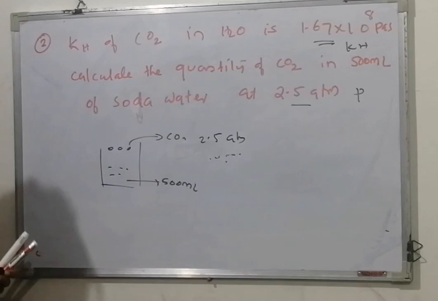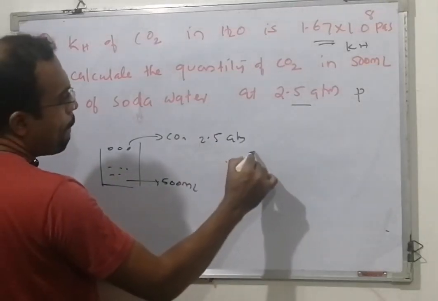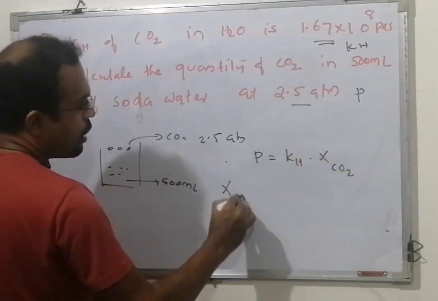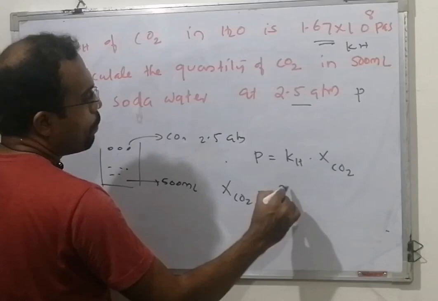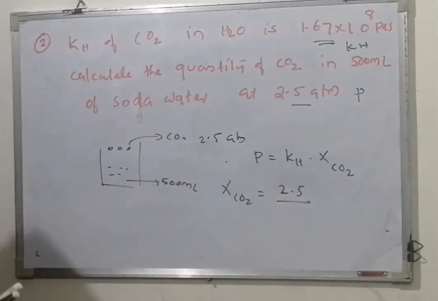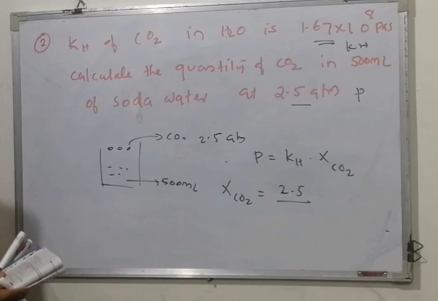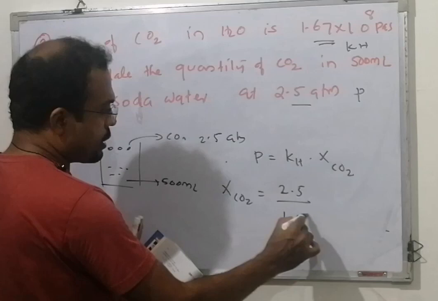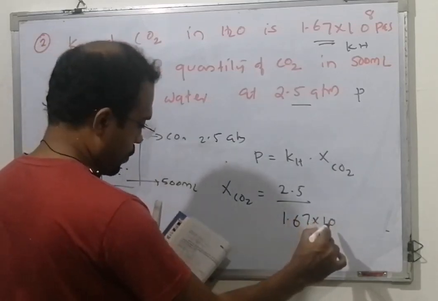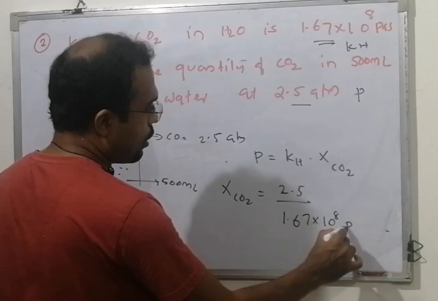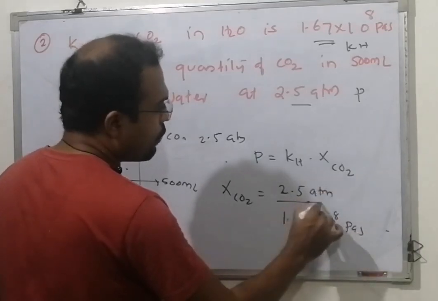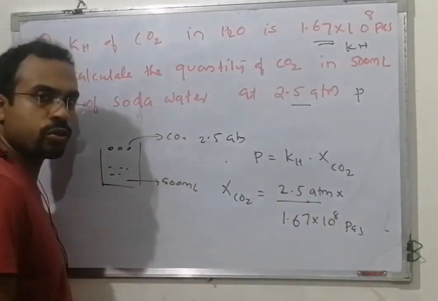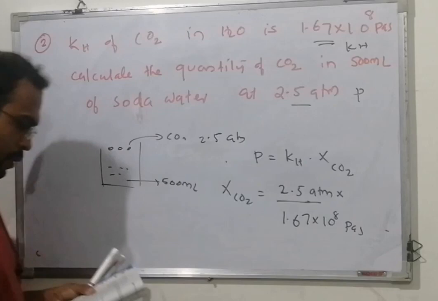First, this is our relation: P is equal to KH into the mole fraction of carbon dioxide. The mole fraction of carbon dioxide is nothing but 2.5 divided by 1.67 into 10 raised to 8 Pascal. This is in atm, so either convert this into atm or that into Pascal. You can do both.